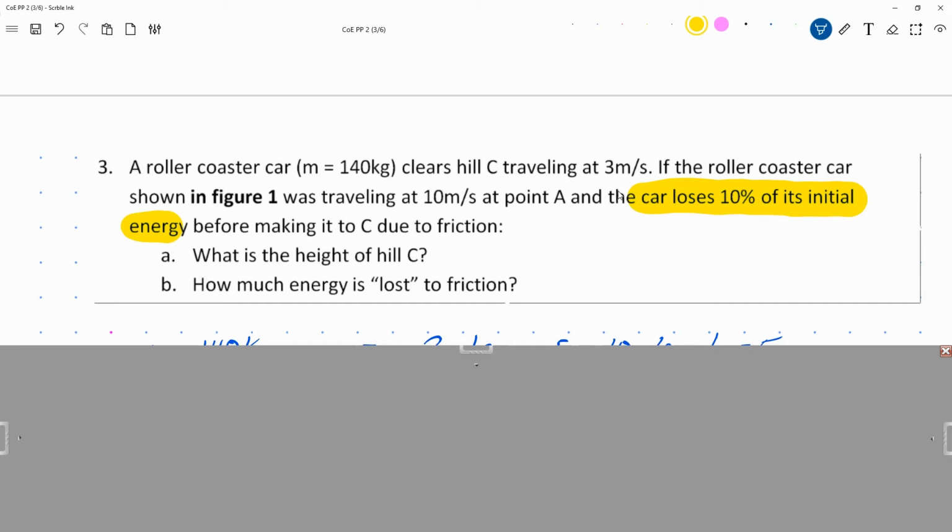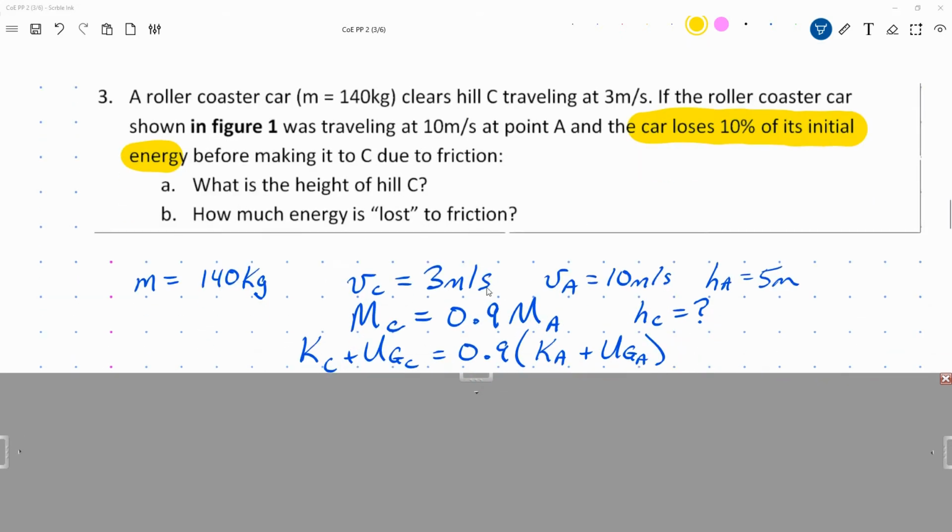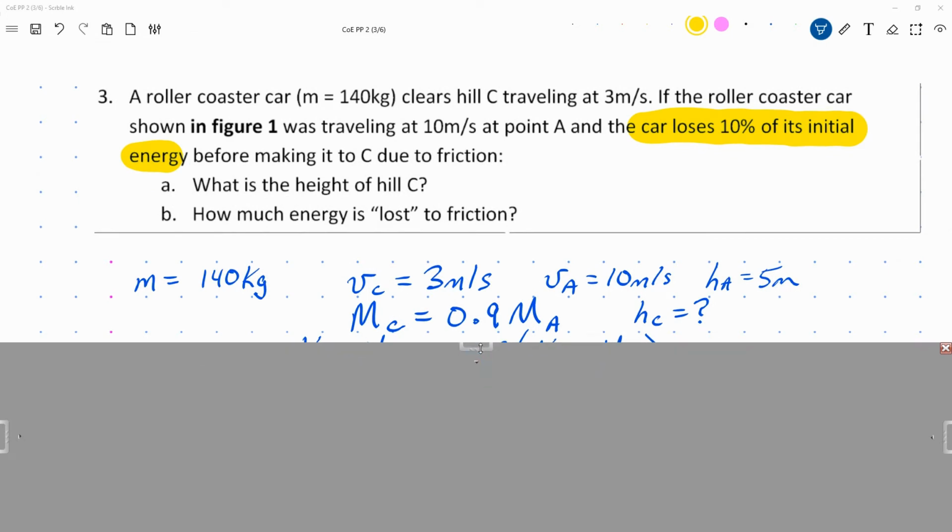When you see statements like this, the car loses 10% of the initial energy, it's really important that you be able to translate this word-based sentence into a symbol-based equation. So I'll show you the way I did that. There's more than one way you could do it, but the way that occurred to me is to write it this way. If you lose 10%, then you end up with 90%, and of course you can write 90% as 0.9 of what you started with.